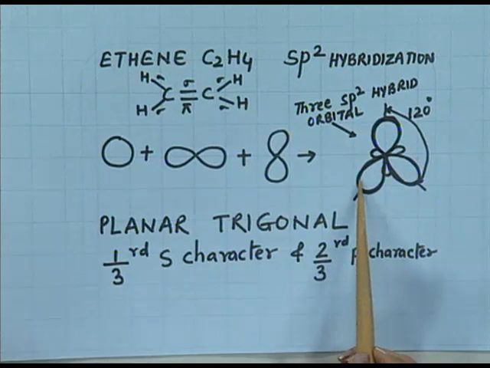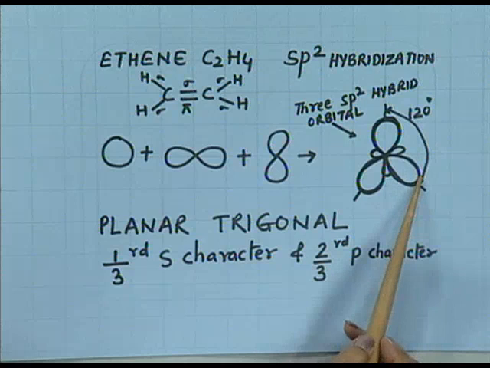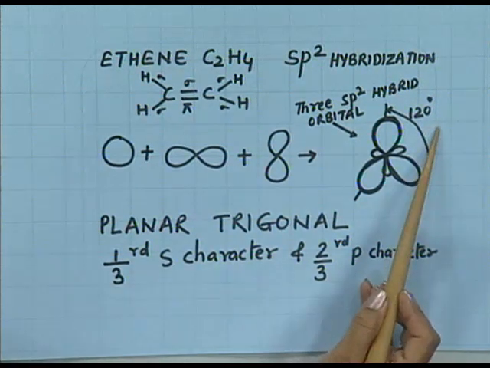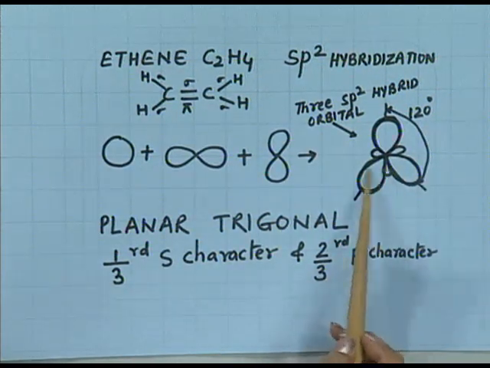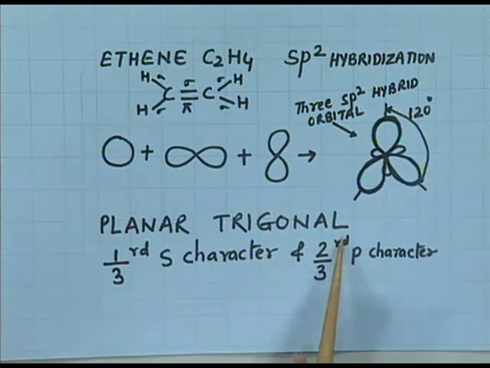Let me show you through this. These are 3 sp2 hybrid orbitals with a bond angle 120 degrees. These sp2 hybrid orbitals have 1/3 of s character and 2/3 of p character.